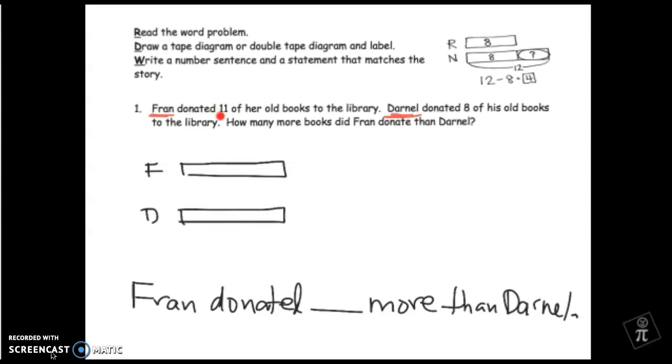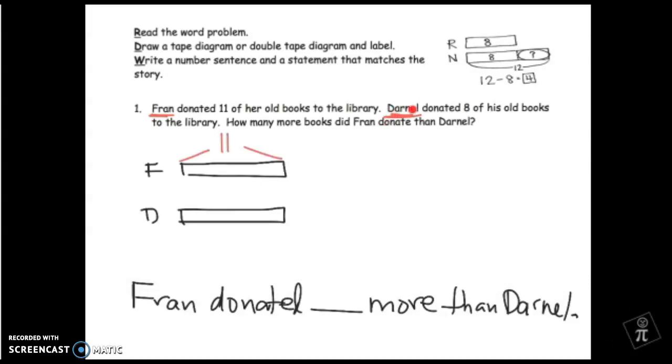And then I'm going to go back and read the sentence again, but I'm going to tweak these tape diagrams to really match the question. So I'm going to go back and it says Fran donated 11 of her old books to the library. So I know that this bar right here represents 11. So I'm going to draw an 11 right there.